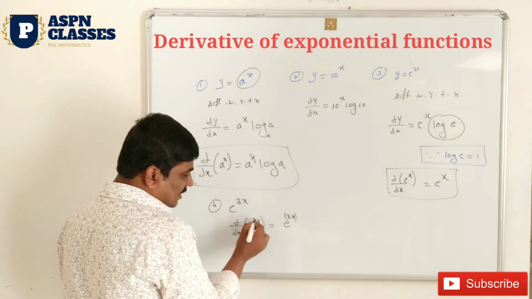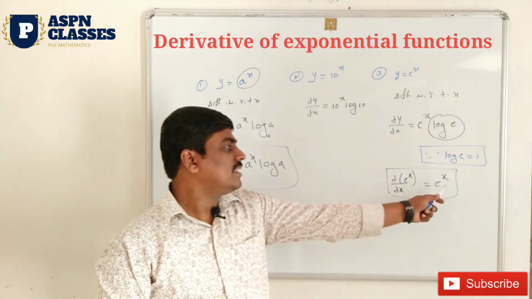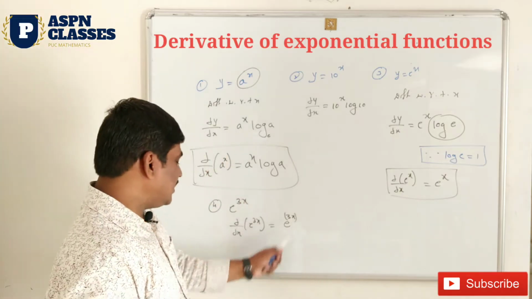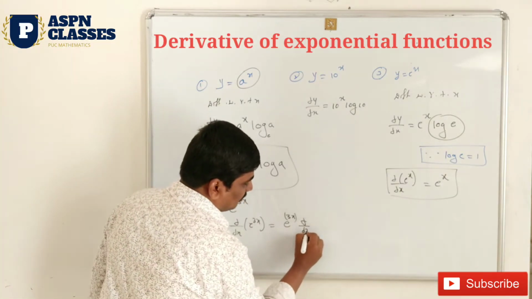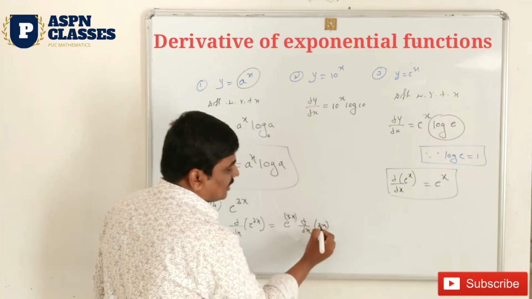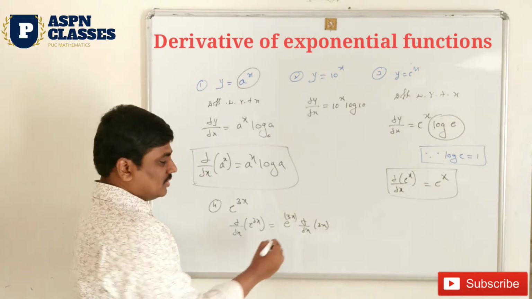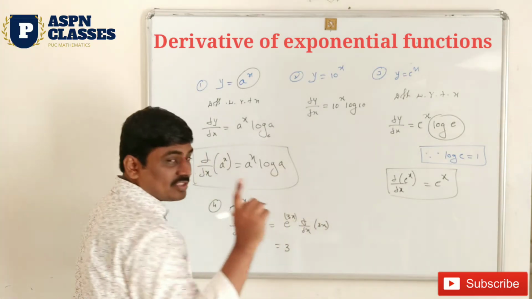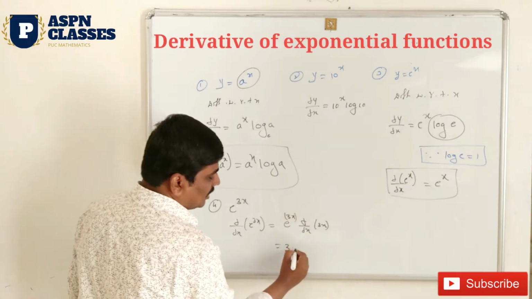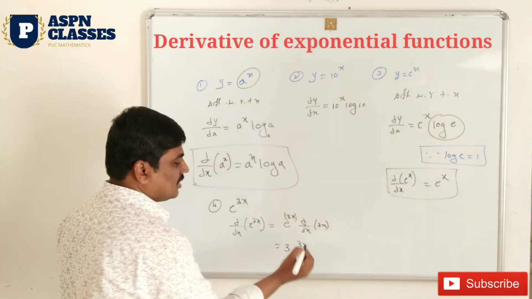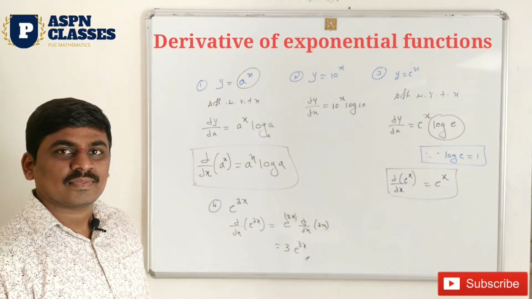What is the extra part? 3x. So you have to differentiate one more time, d by dx of 3x. The differentiation of 3x is 3, write it as it is, x differentiation is 1, so 3 into 1 is 3. So 3 e raised to 3x is the answer.